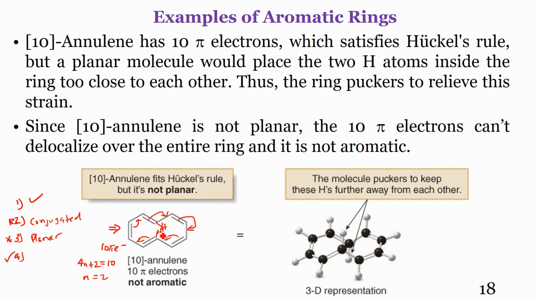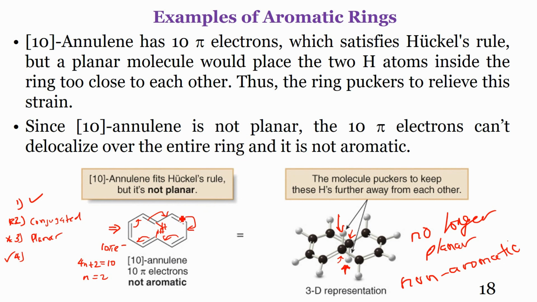Instead of doing that, one will go axial up, the other will go axial down. And by doing so, the ring puckers. So one side of the ring will go up, the other side will drop down. So it's no longer planar. If it's no longer planar, then it's no longer completely conjugated, and then it's non-aromatic, because it's failing at least one of the first 3 rules.